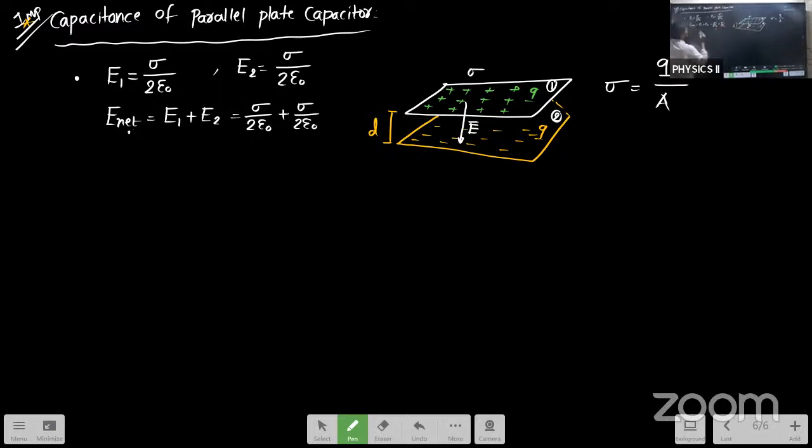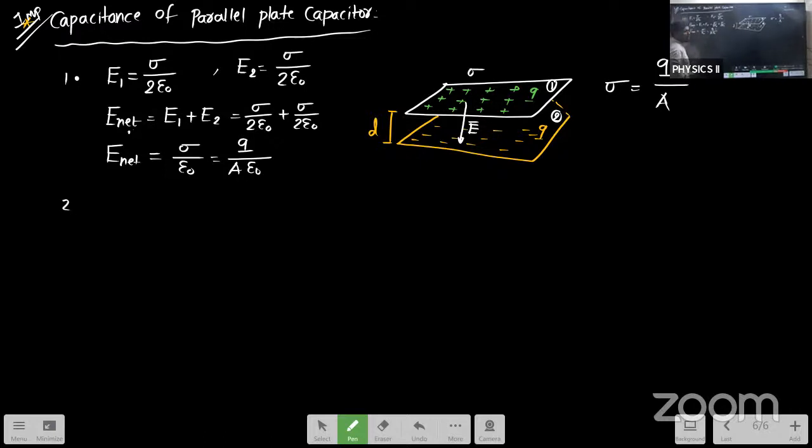So finally, net electric field between a parallel plate capacitor is given as sigma by epsilon naught. But what is the value of sigma? Sigma is defined as charge per unit area. So this can be written as Q divided by A epsilon naught. This is the first point in the answer.